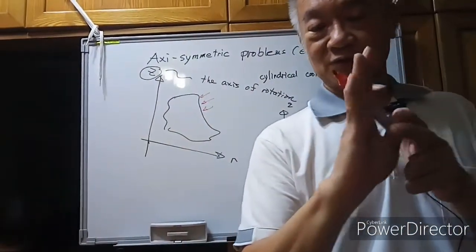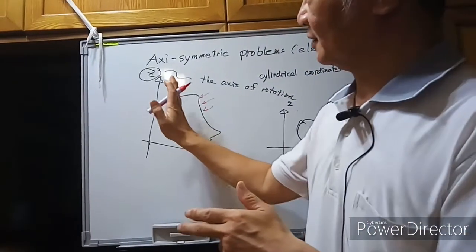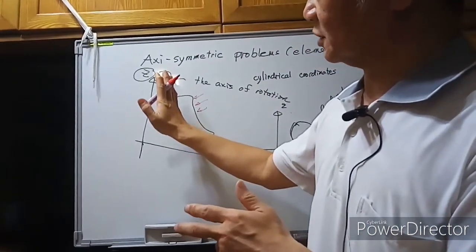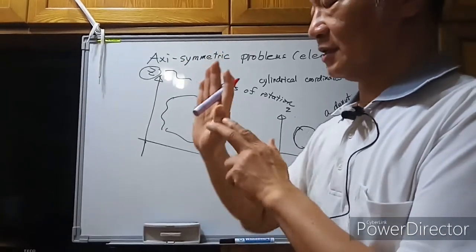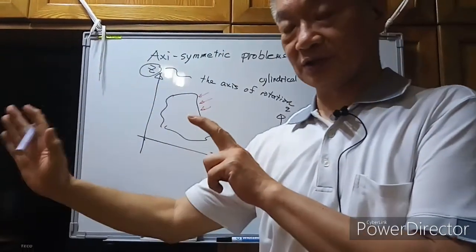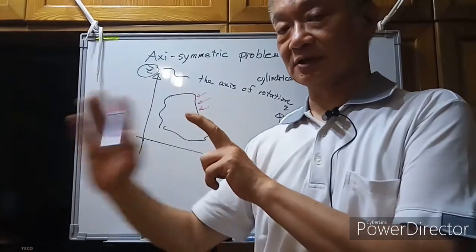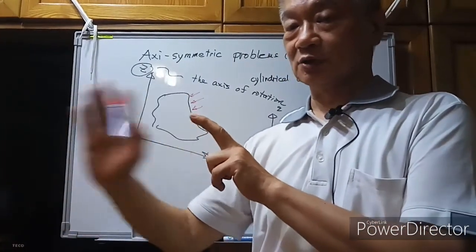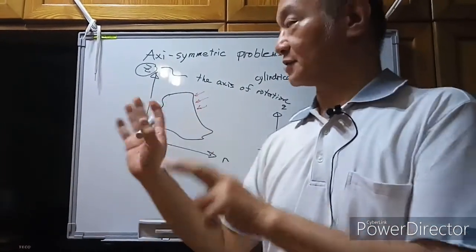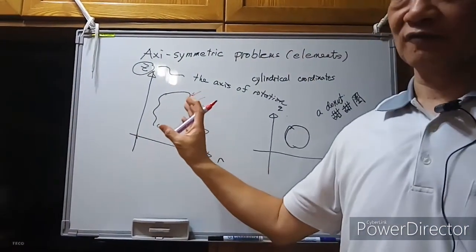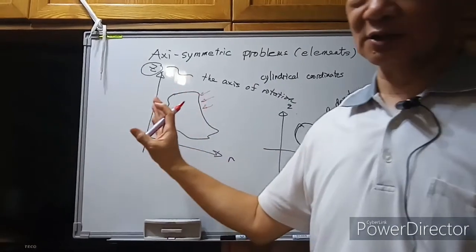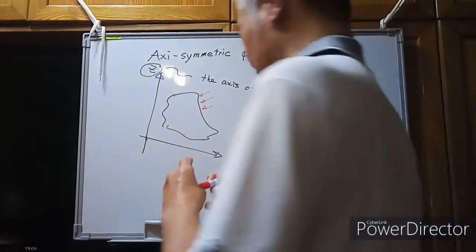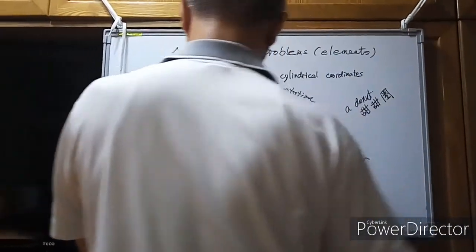So if you cut any plane, starting from the z-axis and along any radial direction from the center of the z-axis, you will see exactly the same geometry of the structure. You will see the same applied loadings. Also, you will see the same boundary conditions.